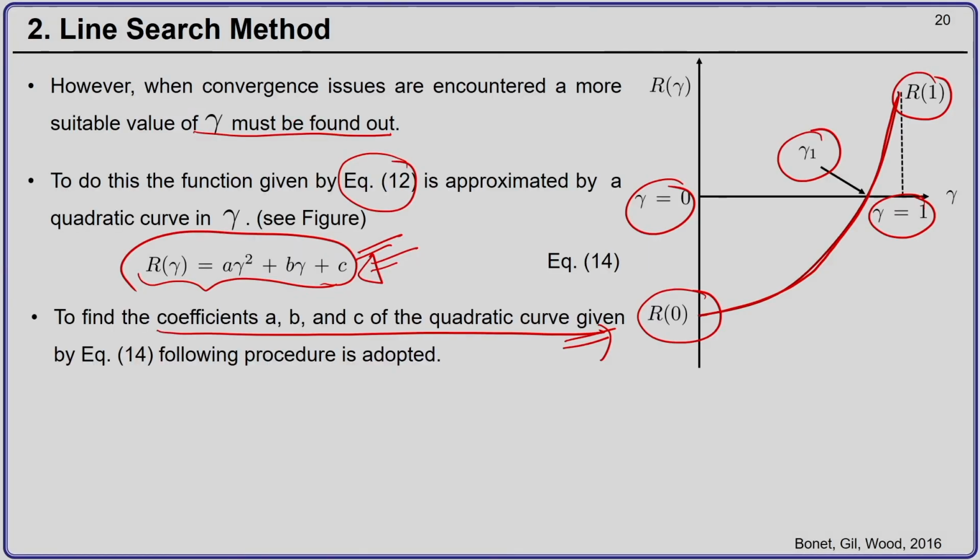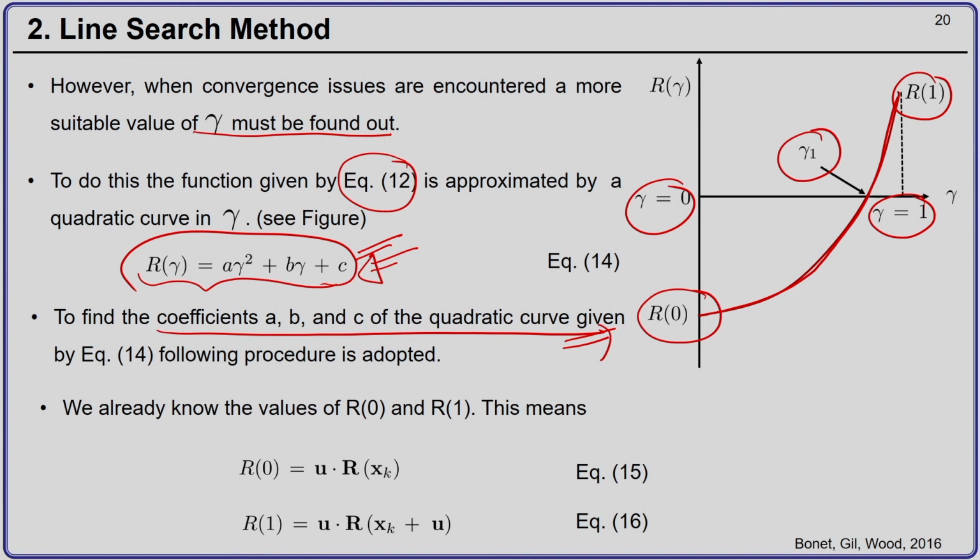To find A, B, C, what we know is that at gamma equal to 0, R 0 is u dot the residual force vector at x k. These two vectors we know from our Newton-Raphson iteration; we have already calculated the residual and the displacement vector. And at gamma equal to 1, R 1 is u dot R of x k plus u.